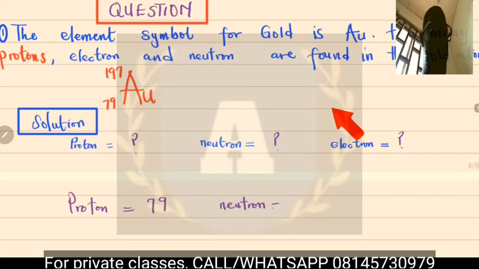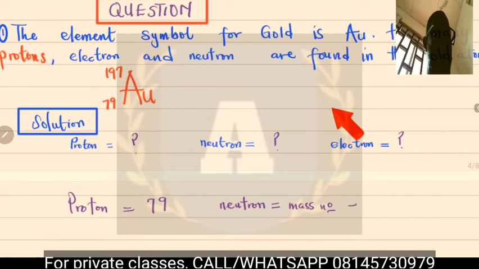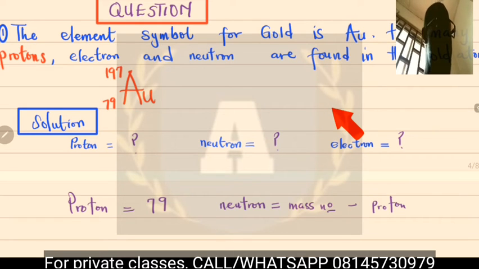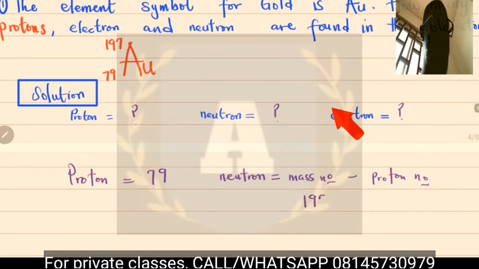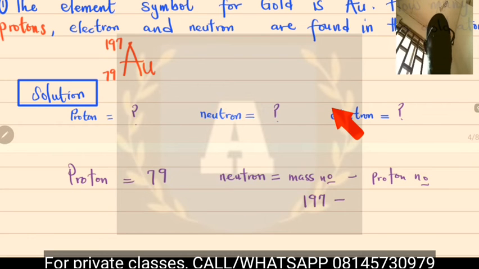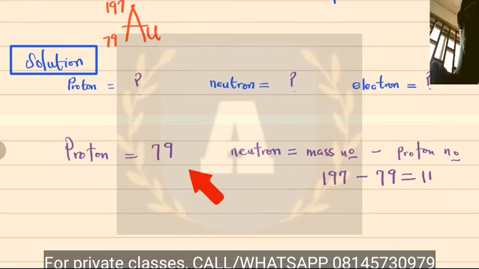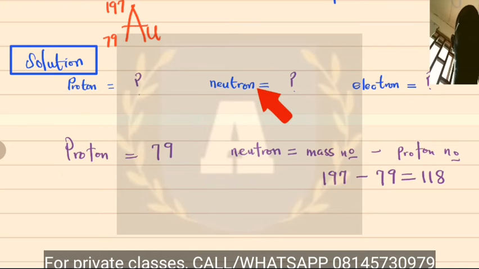So when you remember that, you can quickly get the neutron number of gold. That would be the mass number minus the proton number. The mass number is 197 minus 79, which is 118. So the neutron number is equal to 118.